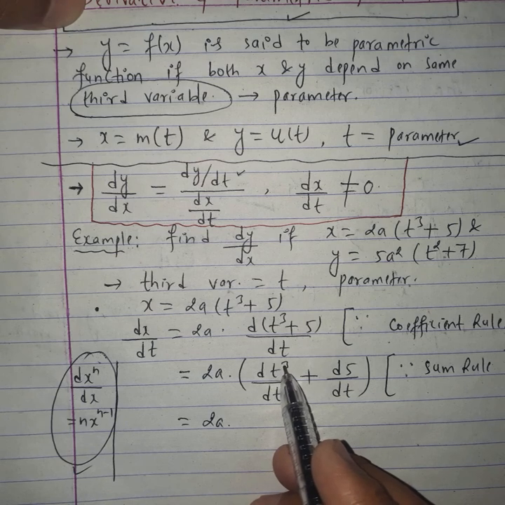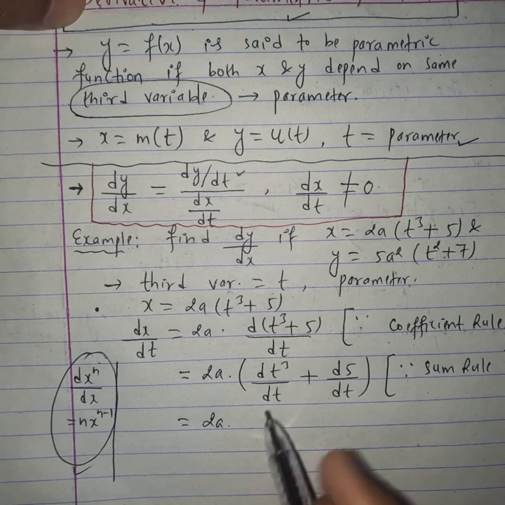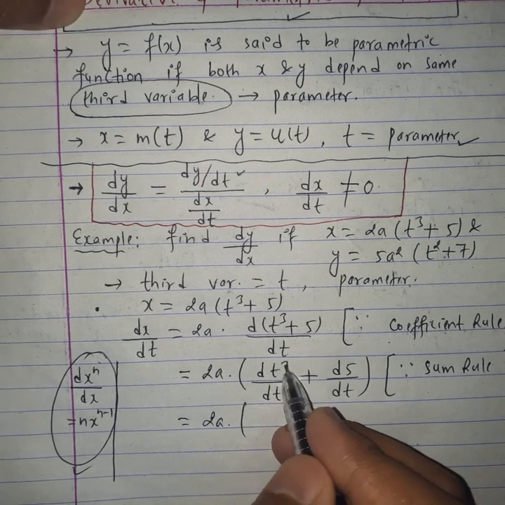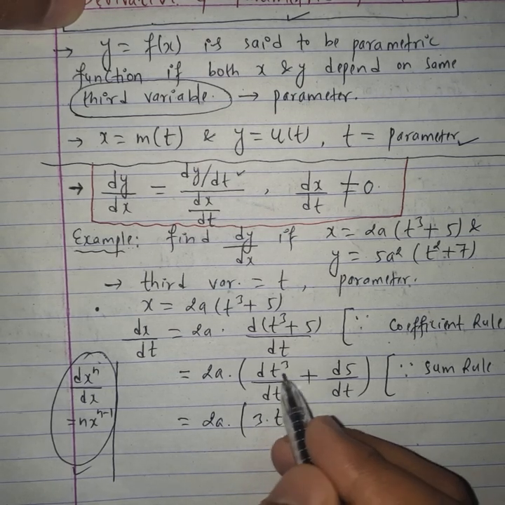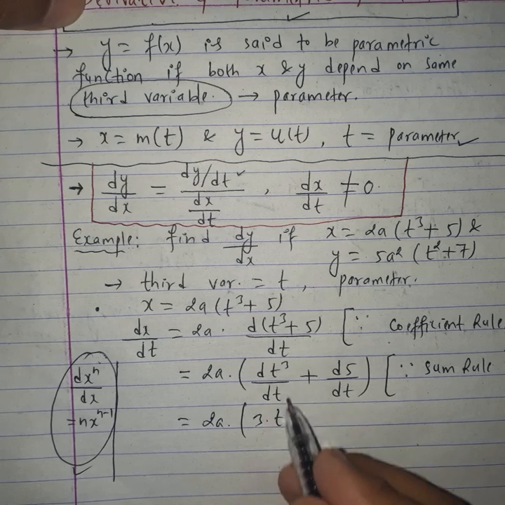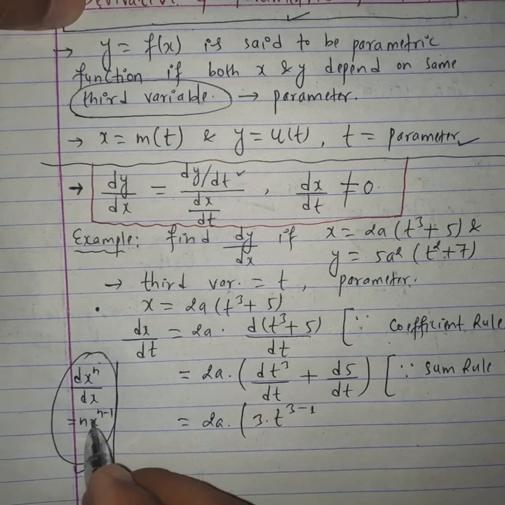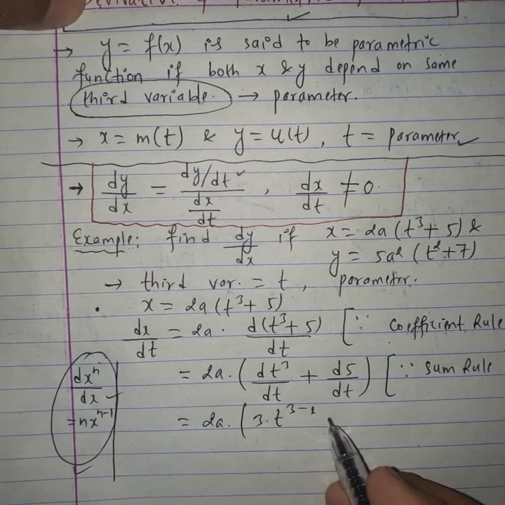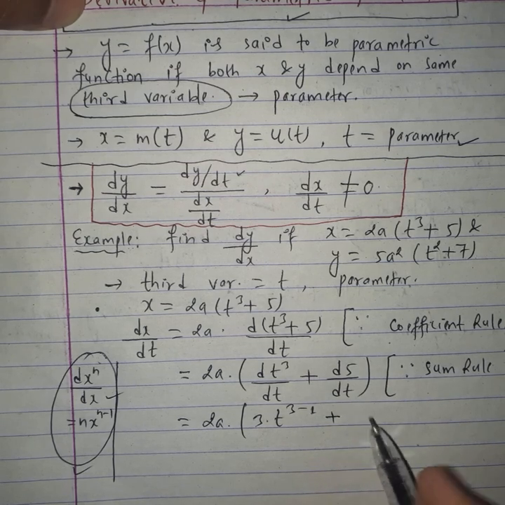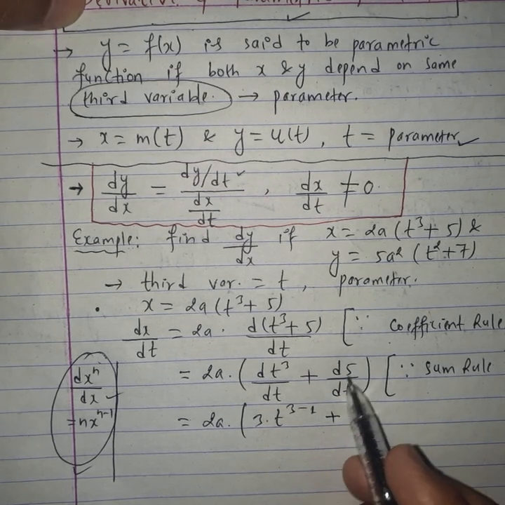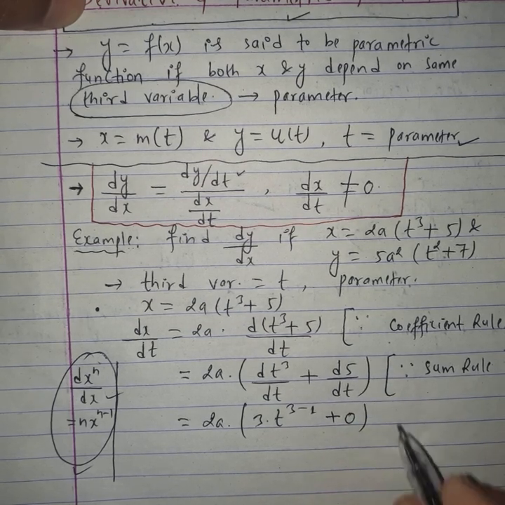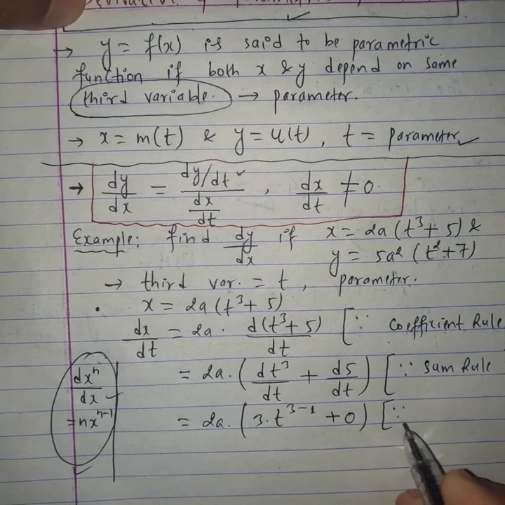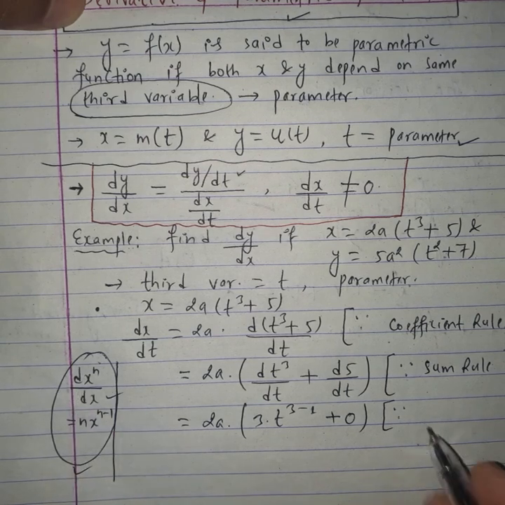Derivative of t cube with respect to t is the same as, here the power is 3, times t raised to the power of 1 decrement in the power, 3 minus 1, plus, and remember this very important point, derivative of any constant number, any constant function, is always 0. Here in this step we just use this formula.